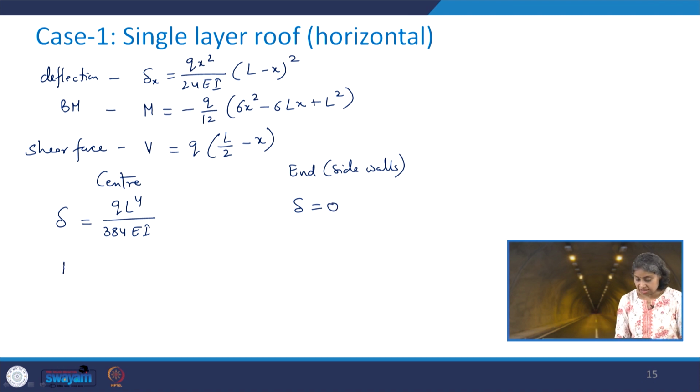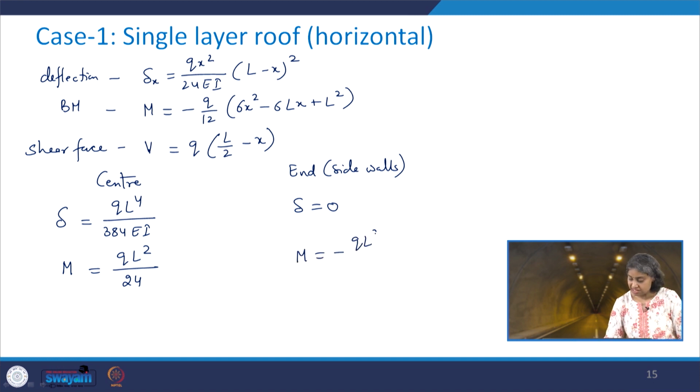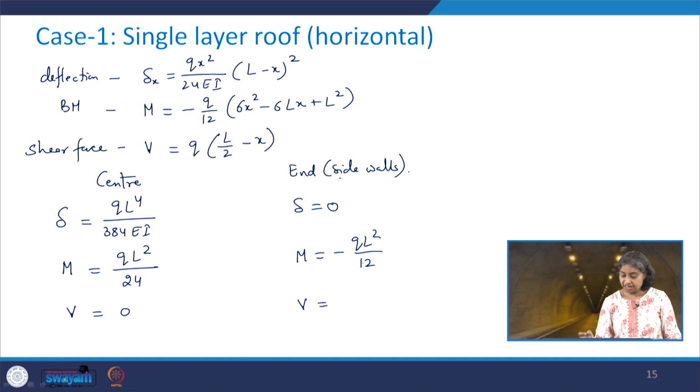And the bending moment is going to be Q L square by 24 at the center, and at the end it is going to be minus Q L square by 12. Similarly, the shear force at the center is going to be equal to 0, and at the side wall it is going to be Q L upon 2.